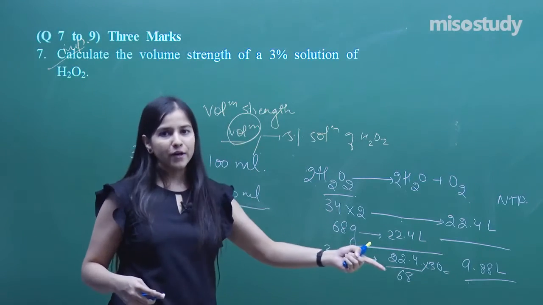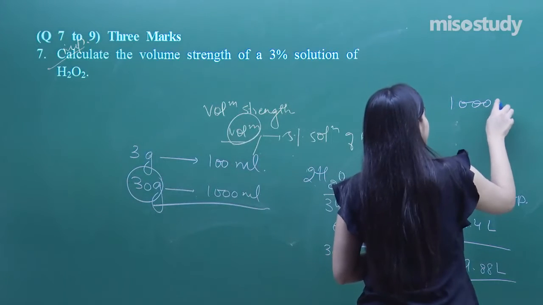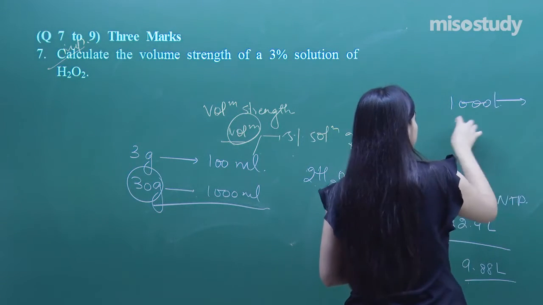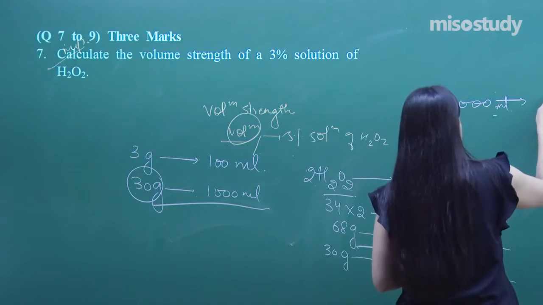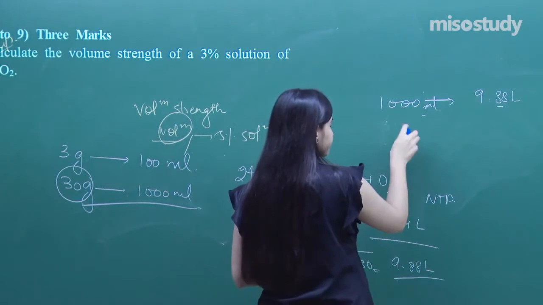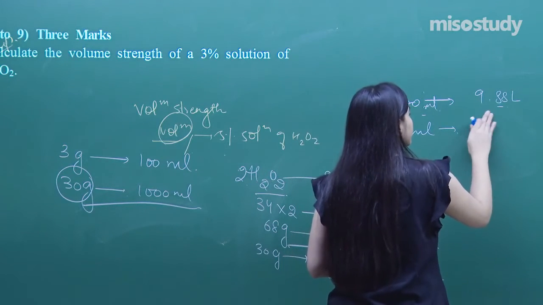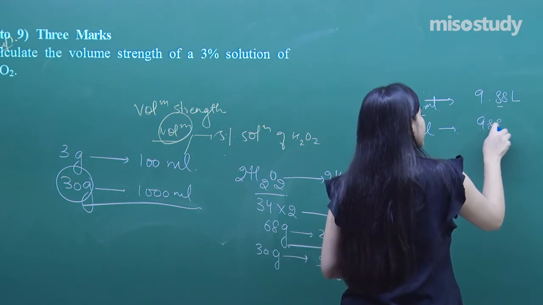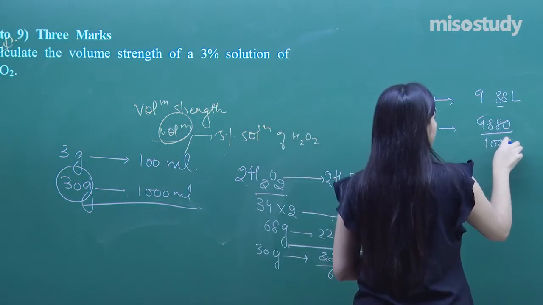Now if I talk in ml, when 1 liter, that means 1000 ml of solution, was giving 9.88 liters, then 1 ml will be giving 9880 ml divided by 1000.